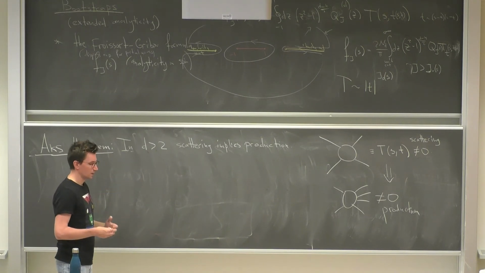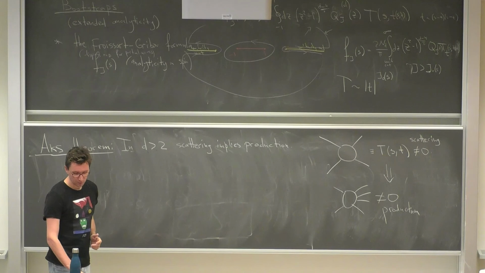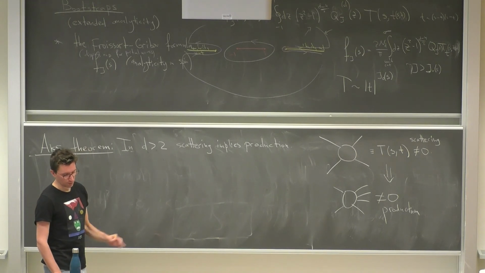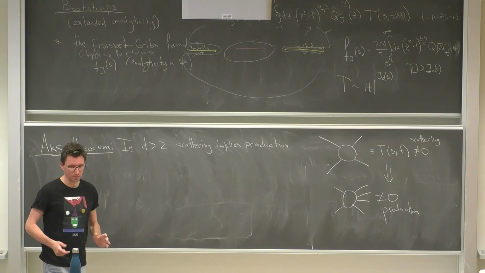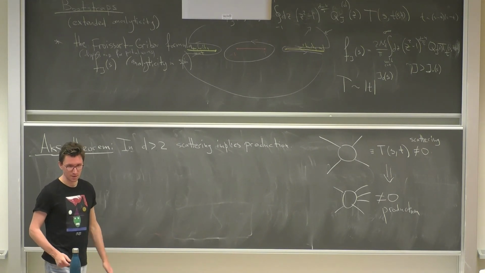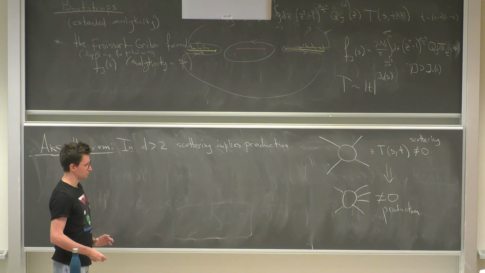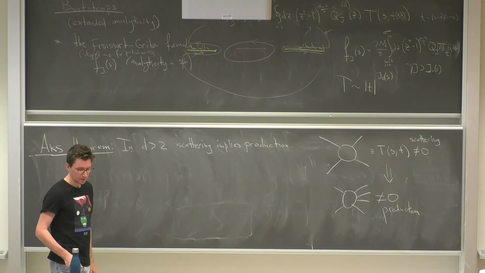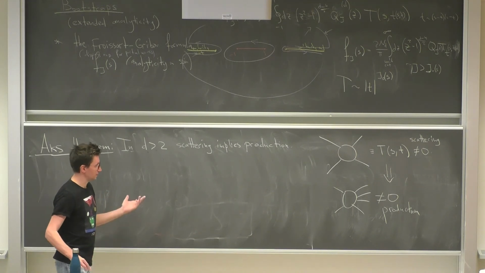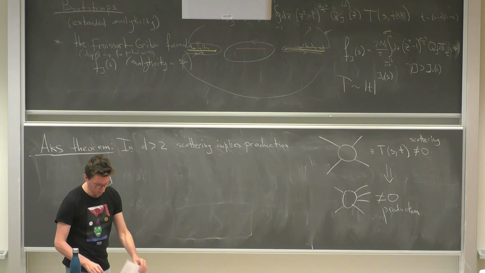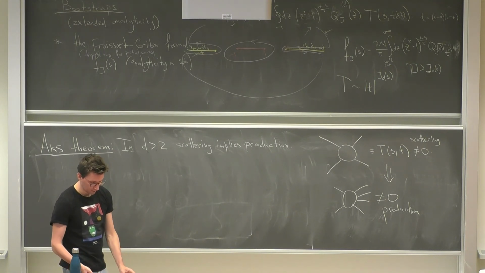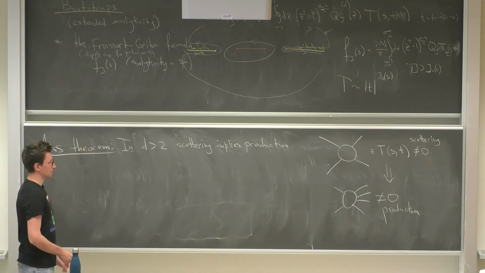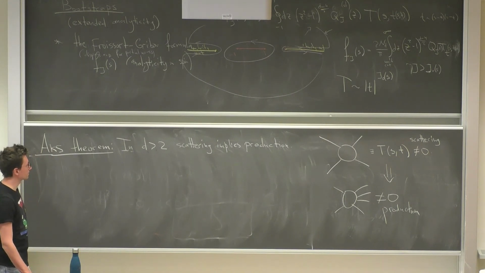You could have asked: you told us that we do not have an explicit example of an amplitude in this course, maybe it's too complicated, but maybe there is an integrable theory in 4 dimensions, and you just missed it. So this theorem tells us that no, we haven't missed anything, there is no integrability, and at least in this sense, you will have particle production.